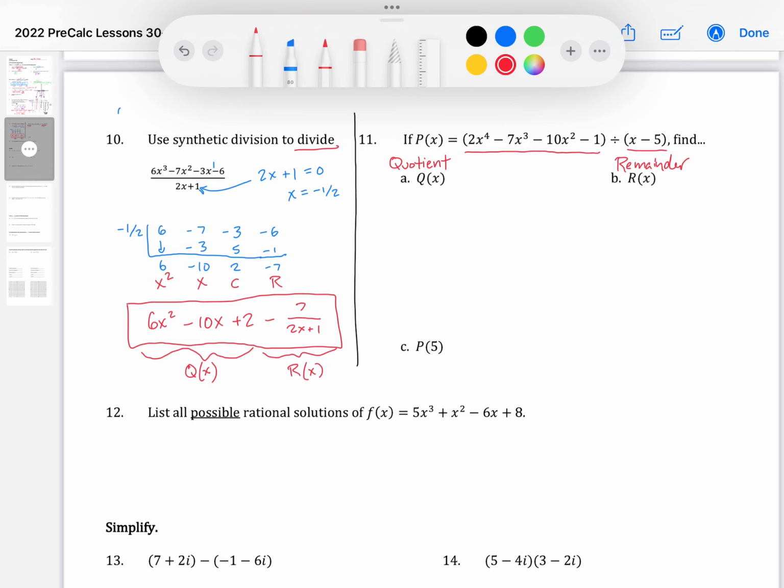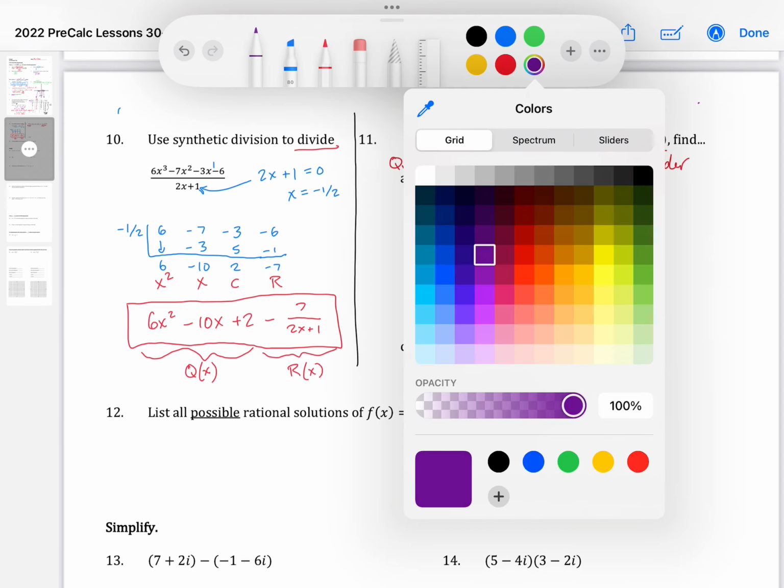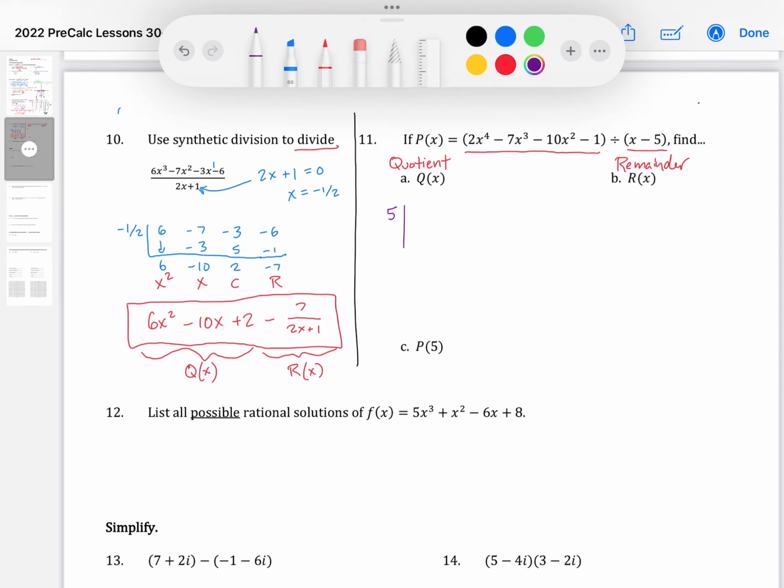So this is a good candidate for synthetic division. So I'm going to use 5 as my c value. And then my coefficients are 2x to the 4th, -7x cubed, -10x squared, and then notice they skipped the x, so I'm going to have to put a 0x as a placeholder. And then I have my constant.